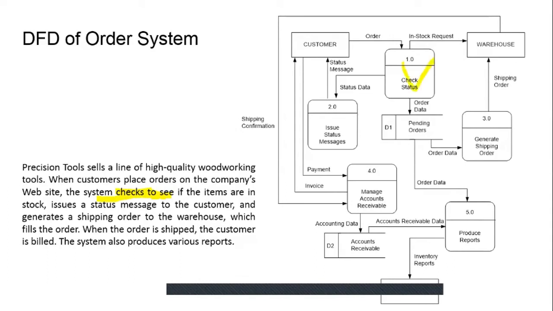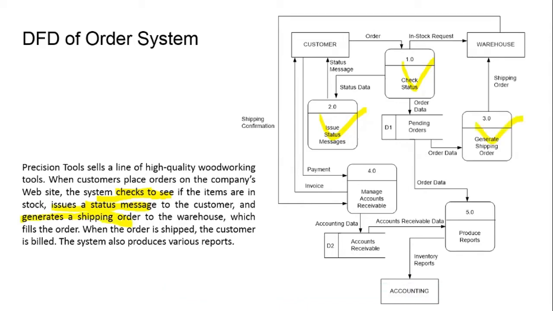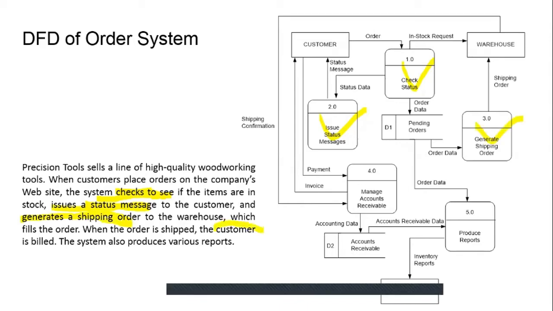Then it issues a status message, that is another process. Then it generates a shipping order, so it is another process. Then the customer is billed, that is another process which is mentioned here. And it produces various reports, that is another process. So there are 5 processes.